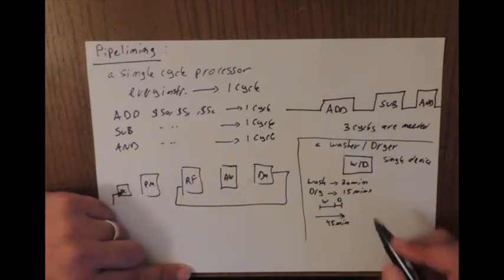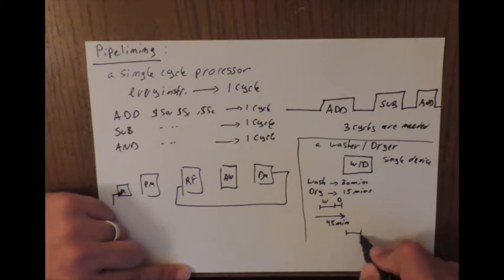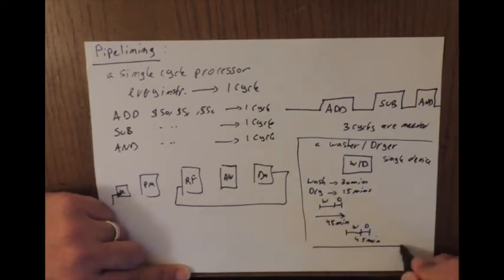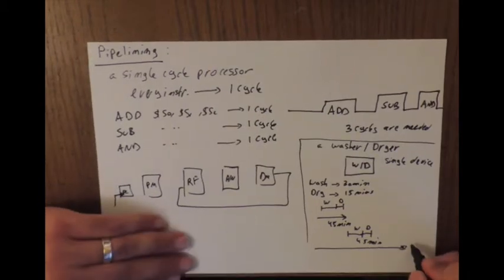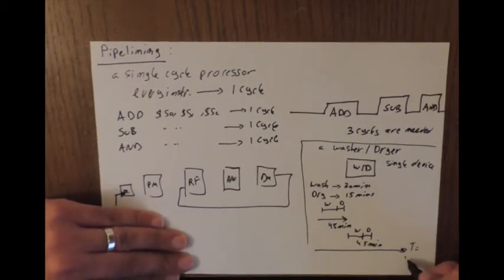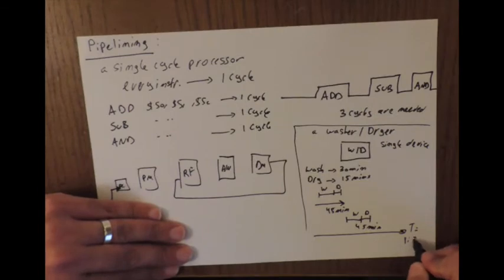Then let's say you want to do another one. So of course you're gonna do a wash and then a dry, and this takes another 45 minutes. So the total time is 1 hour and 30 minutes for 2 loads.